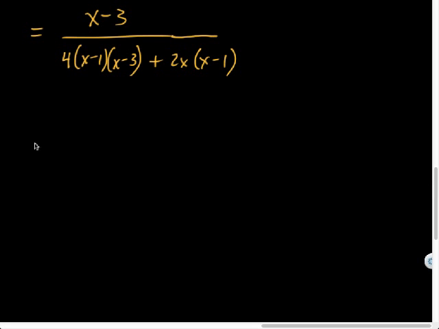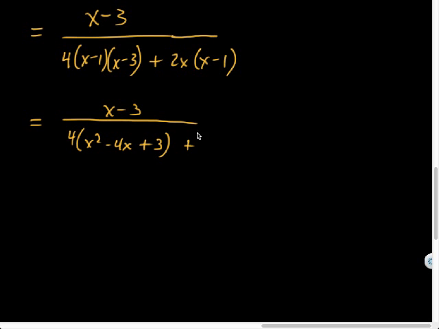And now let's see if I can simplify this. In order to simplify this denominator, I'm actually going to have to, unfortunately, multiply that all out. So x minus 3 over, let's see, that's going to be 4 times x squared minus 4x plus 3, I believe.